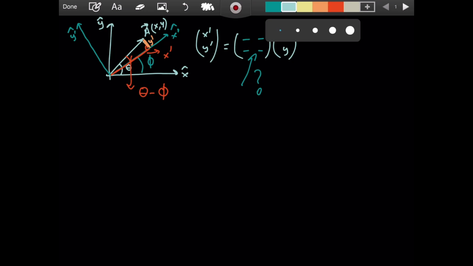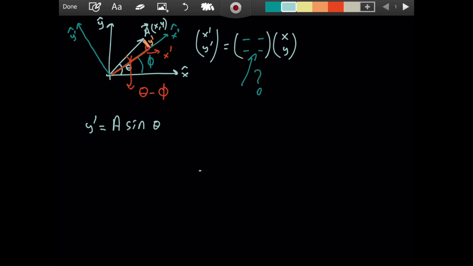Well, then we can say that y prime is equal to the magnitude of A times sine of theta minus phi, right? And for x prime, we could say it equals A times cosine of theta minus phi. Okay?